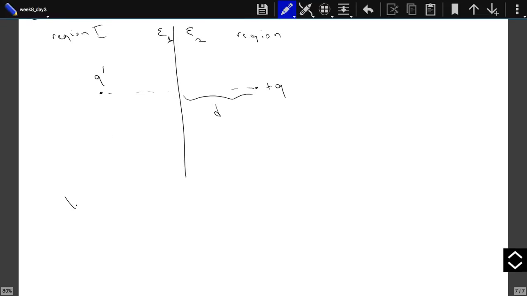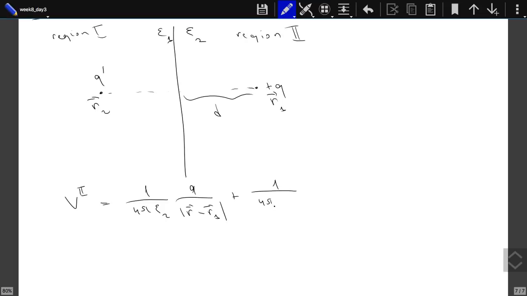So V2, the potential in region 2, is, well, 1 due to this plus Q charge, 1 over 4 pi epsilon 2 Q over R minus, let's say, R1. This is at position R1. This is at position R2. Plus 1 over 4 pi epsilon 2 Q prime over R minus R2.